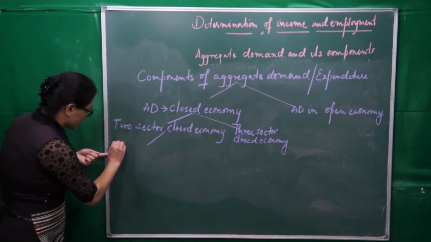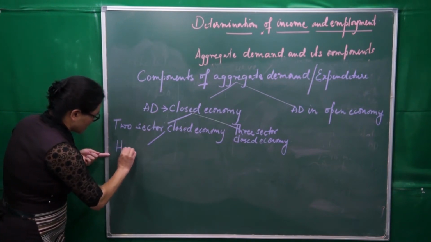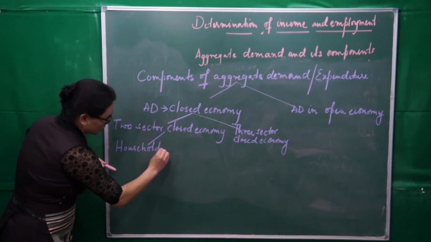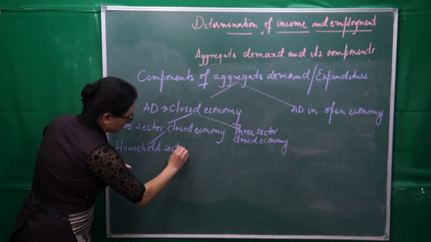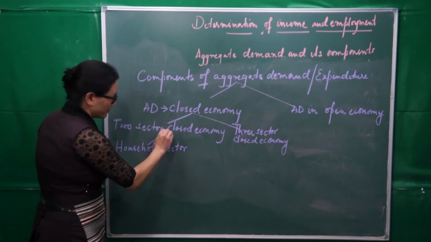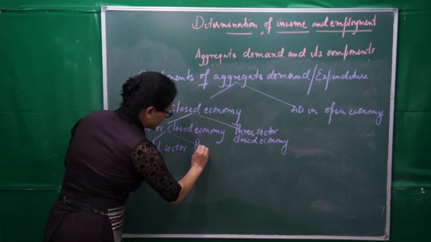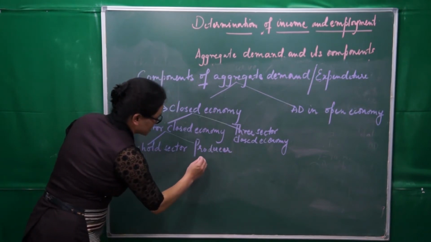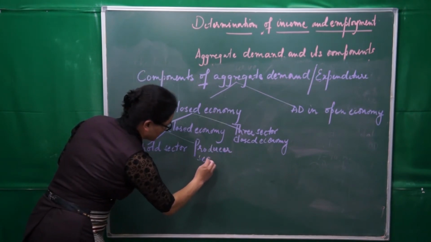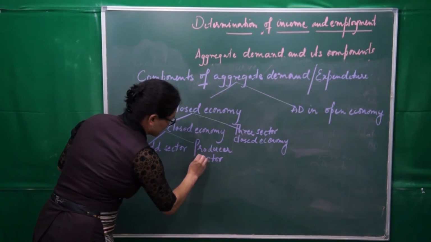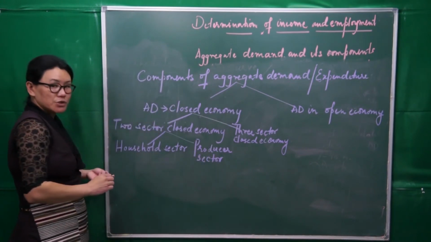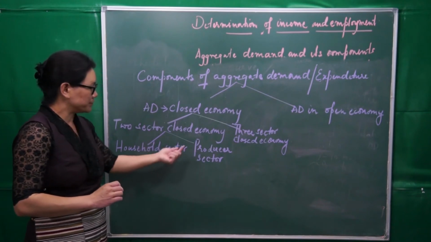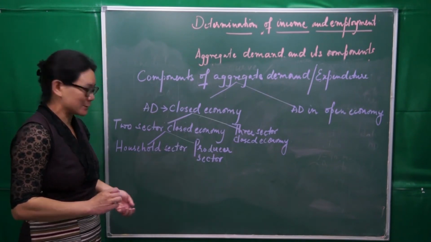One is household sector. Another one is producer sector. Okay, so two sector comprises of household sector and producer sector.